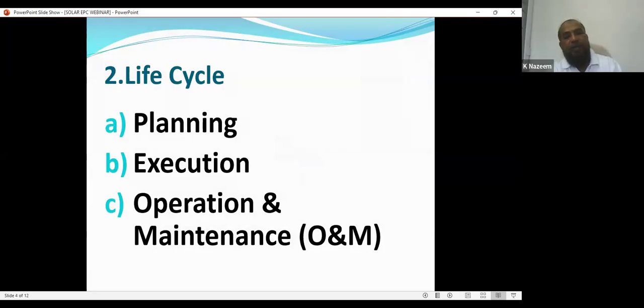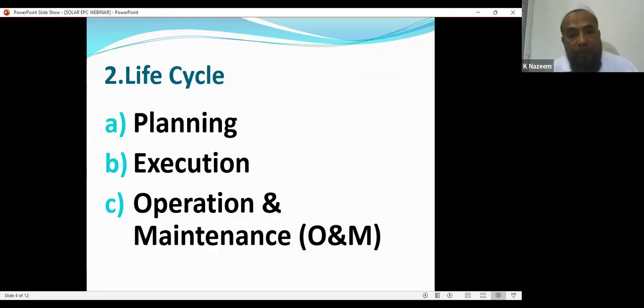Now coming to the life cycle. See, suppose you are talking of a megawatt plant, the first and foremost is planning. You have to hire experienced, knowledgeable consultants for planning. Never ever make the mistake of doing the planning yourself, because a lot of engineering is involved in planning.